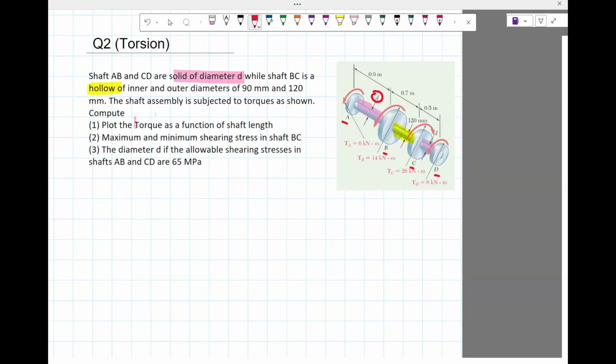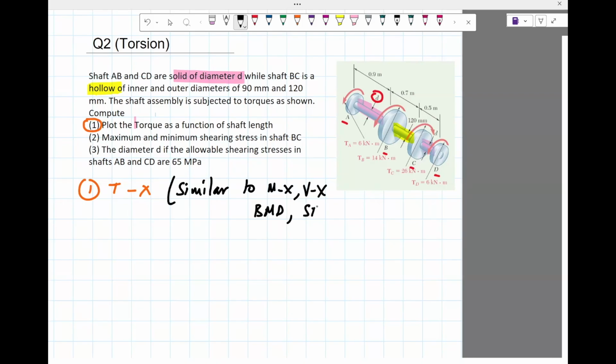Now this is the new thing which I think is important, which is you have to draw the torque distance curve. This is very similar to the Mx and Vx curves, called BMD and SFD.